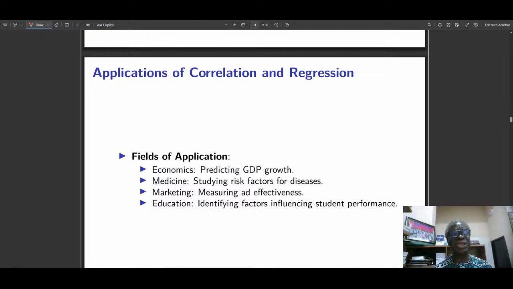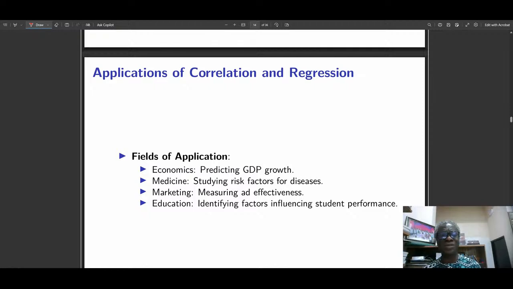There are so many risk factors that are usually of interest in medicine. In marketing, you study advert effectiveness, whether the cost of advertising on radio is related to marketing revenue.